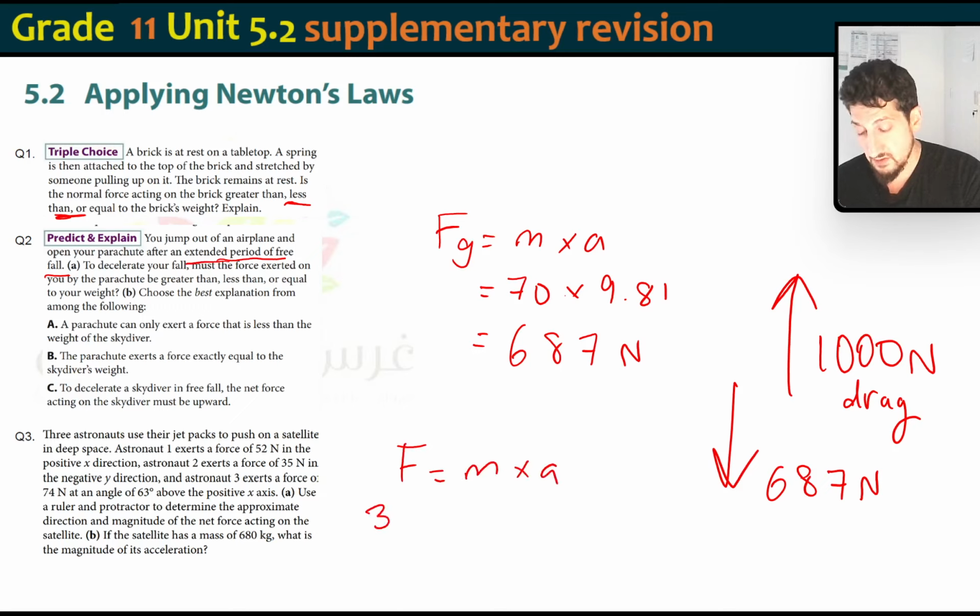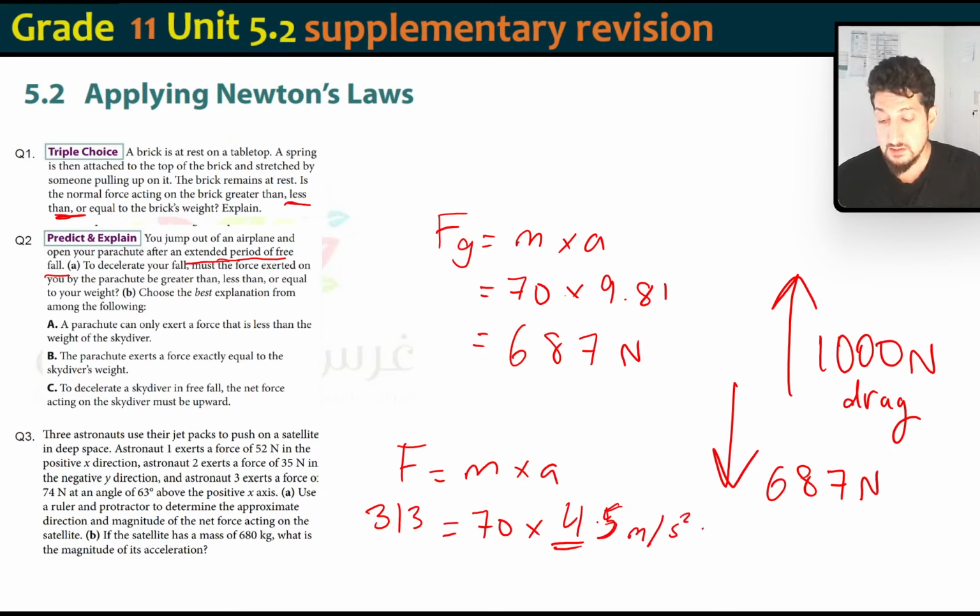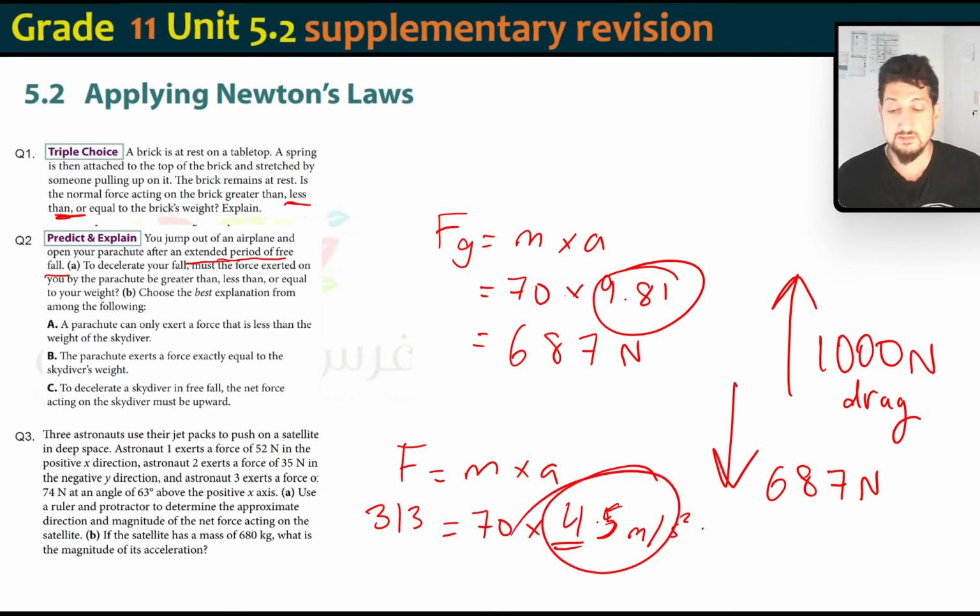If we have 313 newtons acting down and the mass is 70, then suddenly the acceleration is a lot less, which is 4.5 meters per second squared, as opposed to 9.81. Okay, so obviously this has reduced. So that's what you need to do.